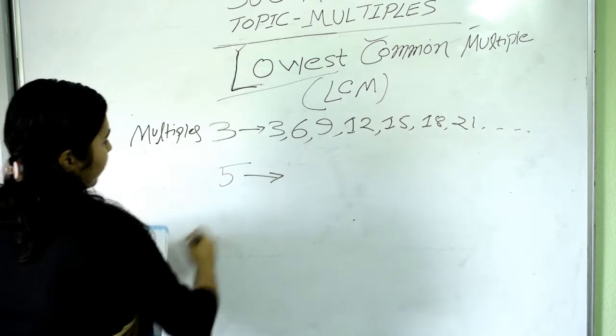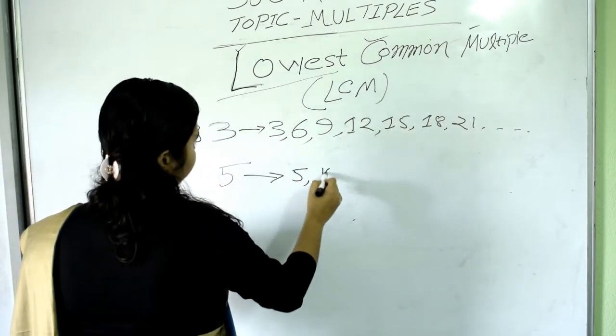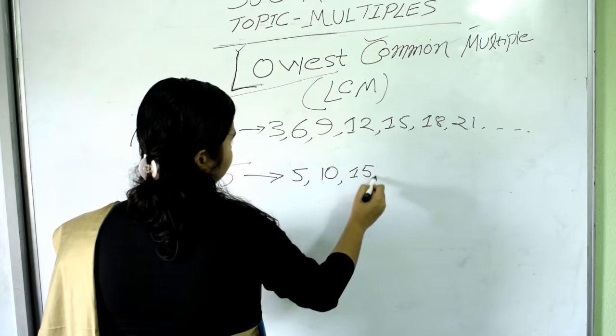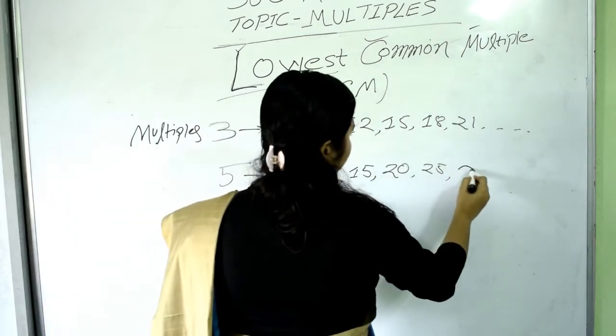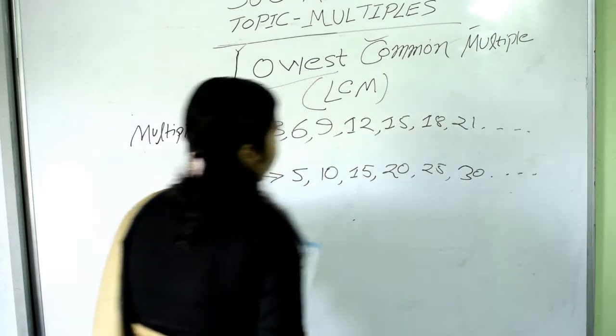And multiples of 5 are 5, 10, 15, 20, 25, 30, and so on.